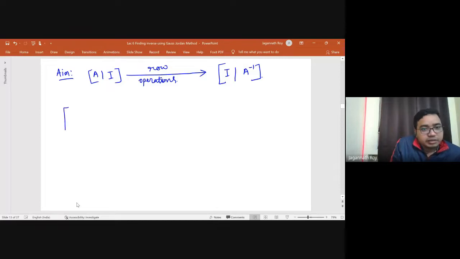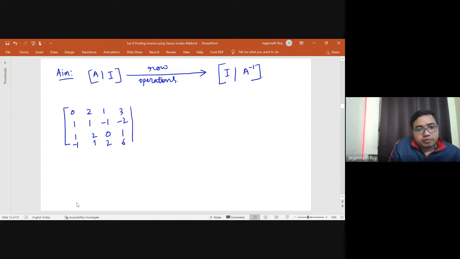The matrix given is 0, 2, 1, 3; then 1, 1, minus 1, minus 2; then 1, 2, 0, 1; then minus 1, 1, 2, 6.